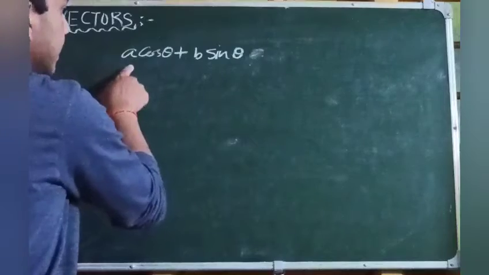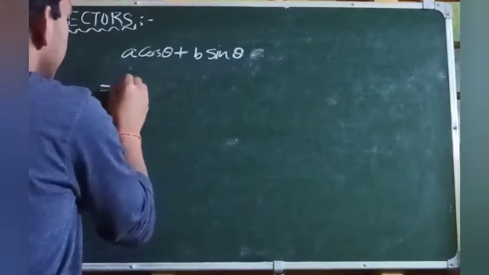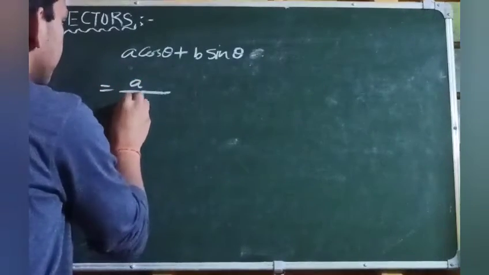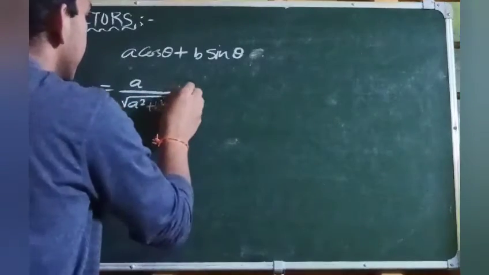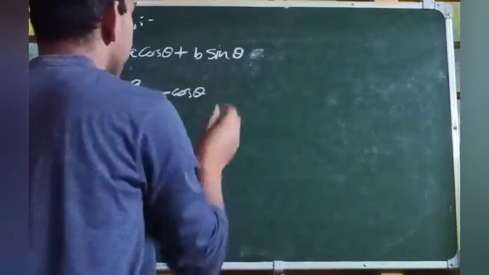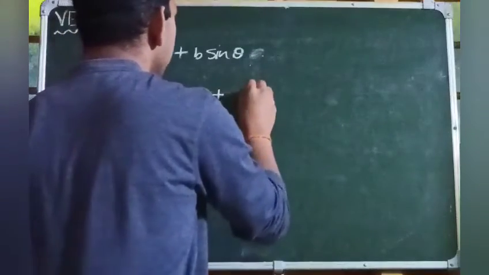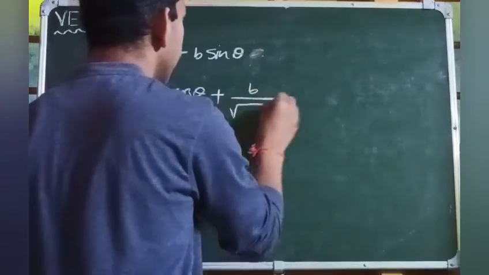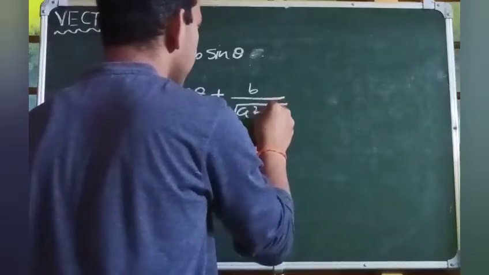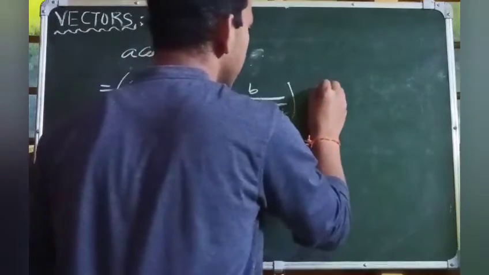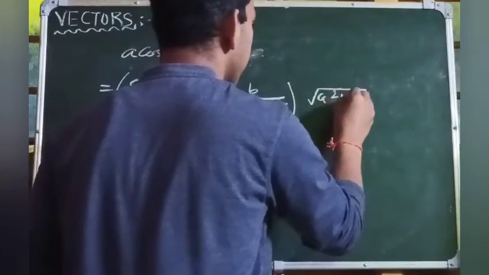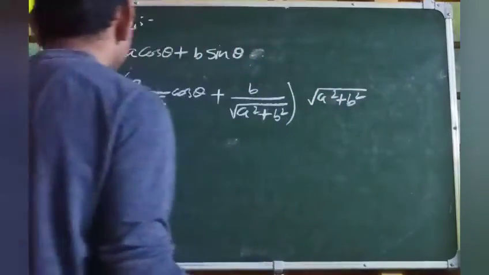Then we can write it as a upon root under a square plus b square cos theta plus b upon root under a square plus b square sin theta, multiplied with root under a square plus b square.